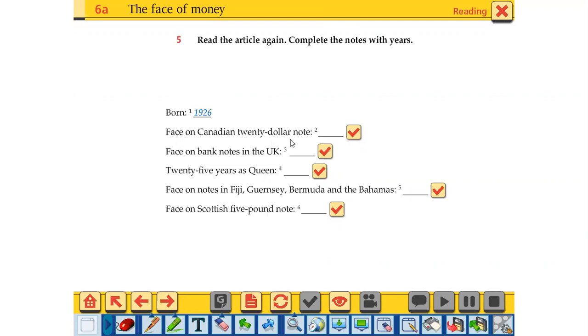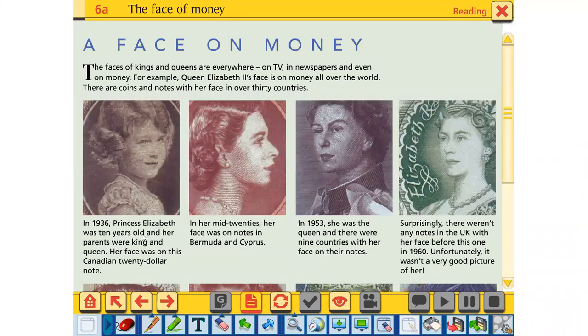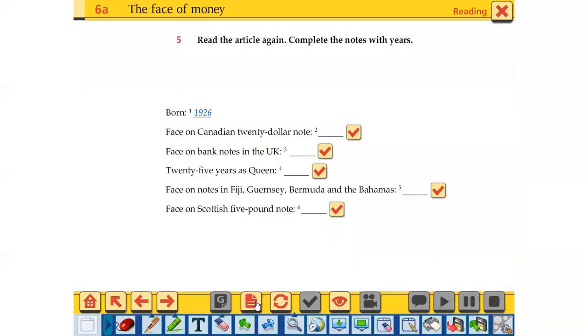The Canadian $20 note was in, take a look, 1936. Okay, 1936. So you have to read the article and find the years here. Okay, that's what you have to do on your worksheet.